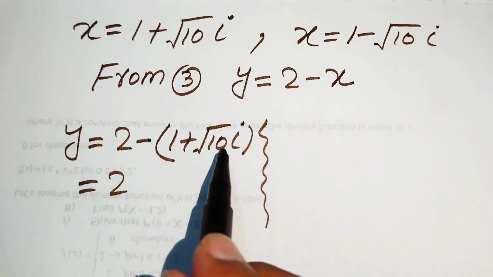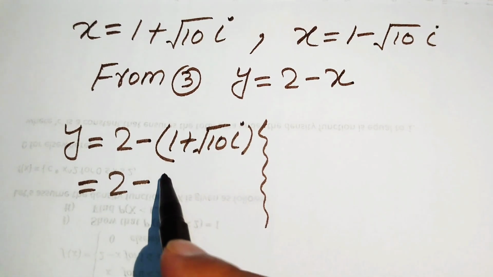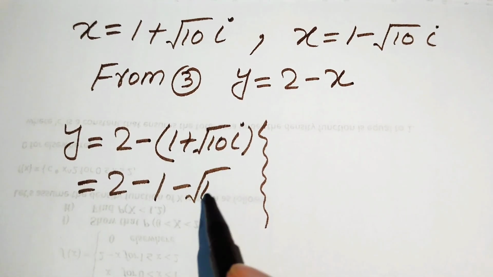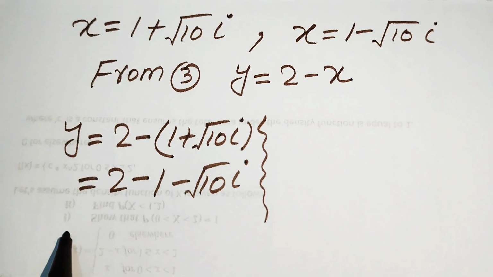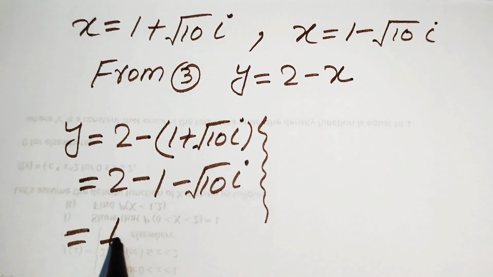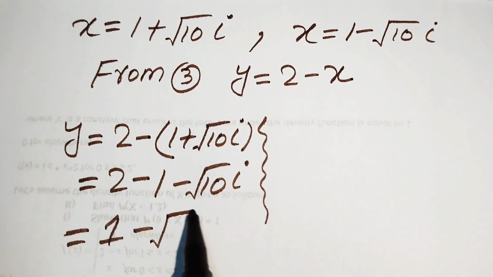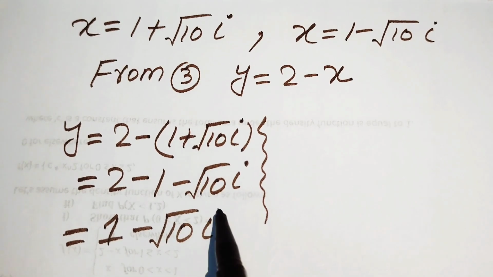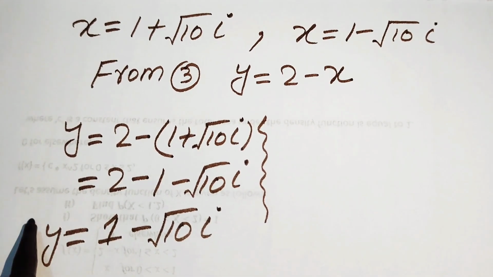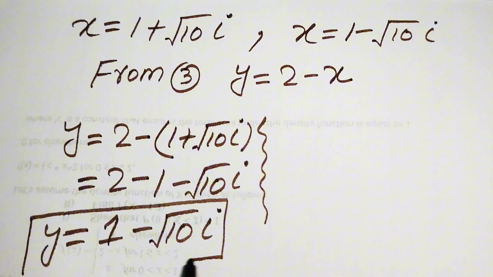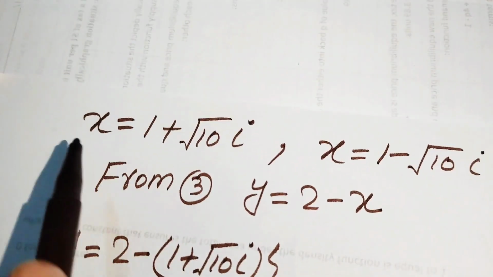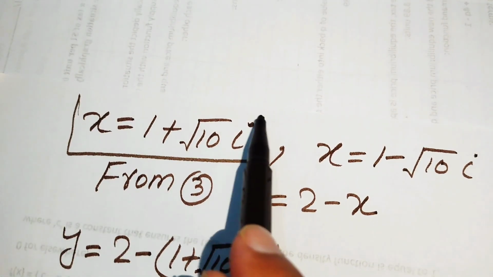We multiply this minus sign on both of these terms, then it will be written as minus 1 minus square root of 10 iota. So this is 2 minus 1, which equals 1 minus square root of 10 into iota. So this is the value of y corresponding to this value of x.